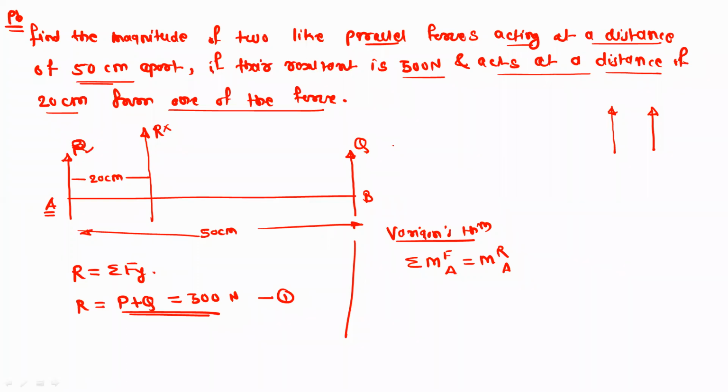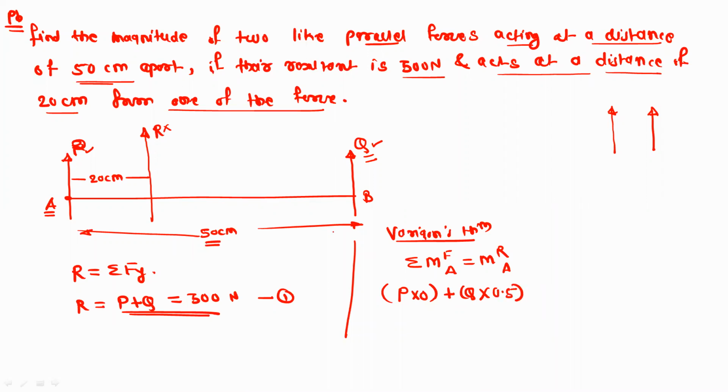Consider force P and force Q. So take the moment by force P about the point A. This moment will be 0, so we can write P into distance 0, so the total moment will be 0. Second, the moment by force Q: plus Q into perpendicular distance, which is 50 centimeter. We can use SI units, so it is 0.5 meter.